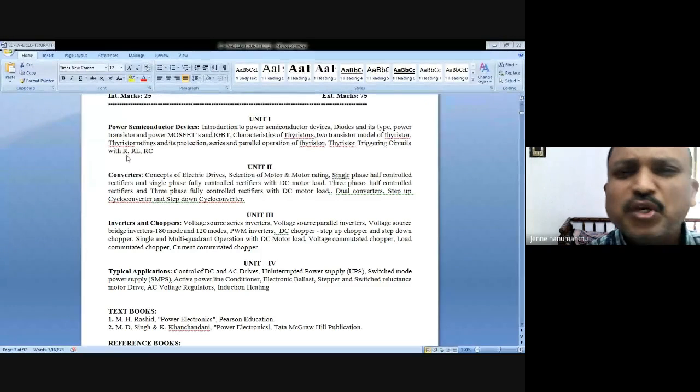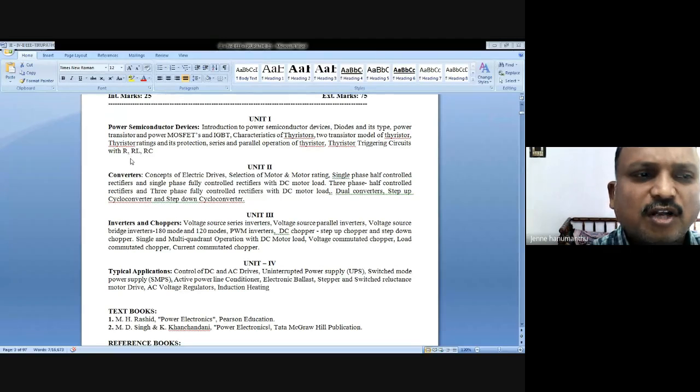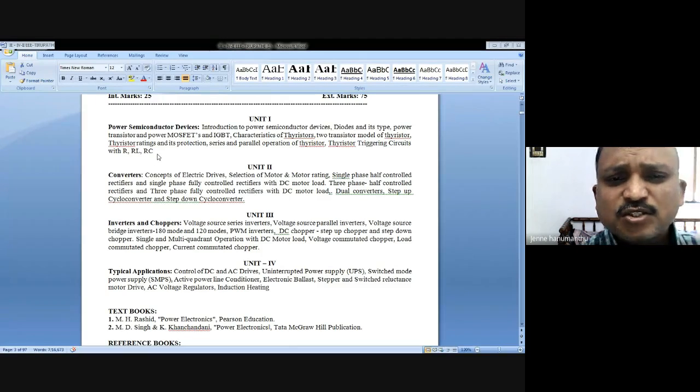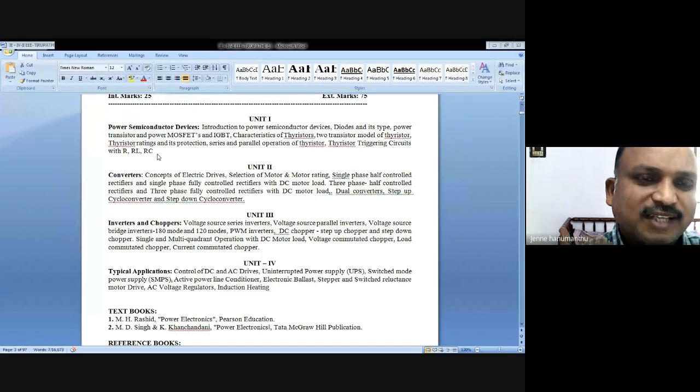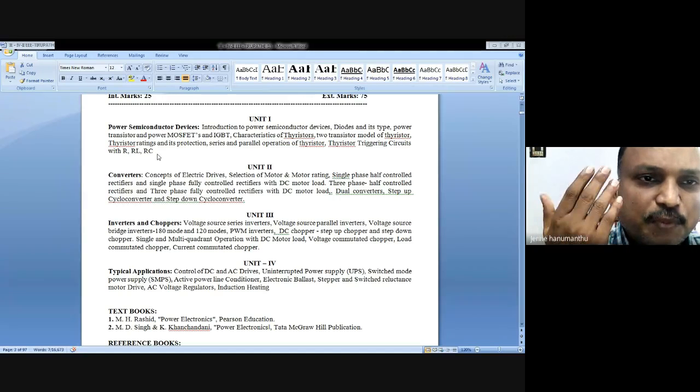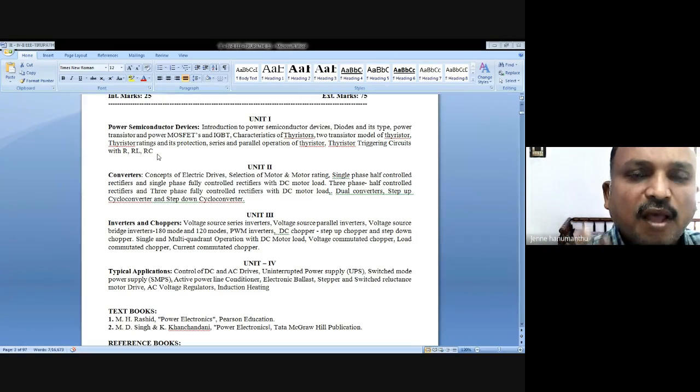Not only resistor R, you can also place an RL circuit or RC circuit. Our aim is to make the reverse biased J2 junction forward biased. That means there should be a path from anode to cathode, expecting high current from anode to cathode. That is the meaning of SCR conduction, that means the thyristor is in conduction mode.